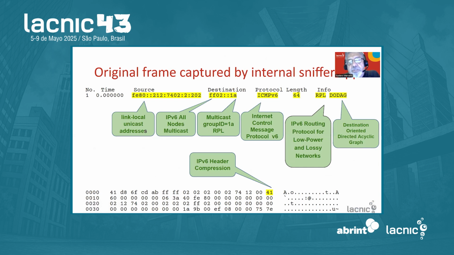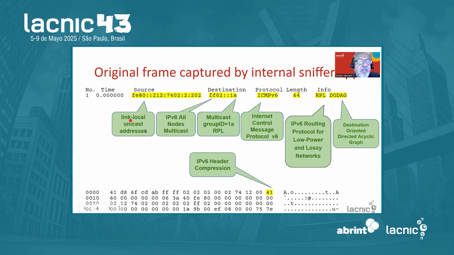Now let's see the frames for the analysis. This is the first frame that we're going to see in reduced form. Here we have the source address, the destination, the protocol, the length, and the information. For the source we have the IP version and the origin.